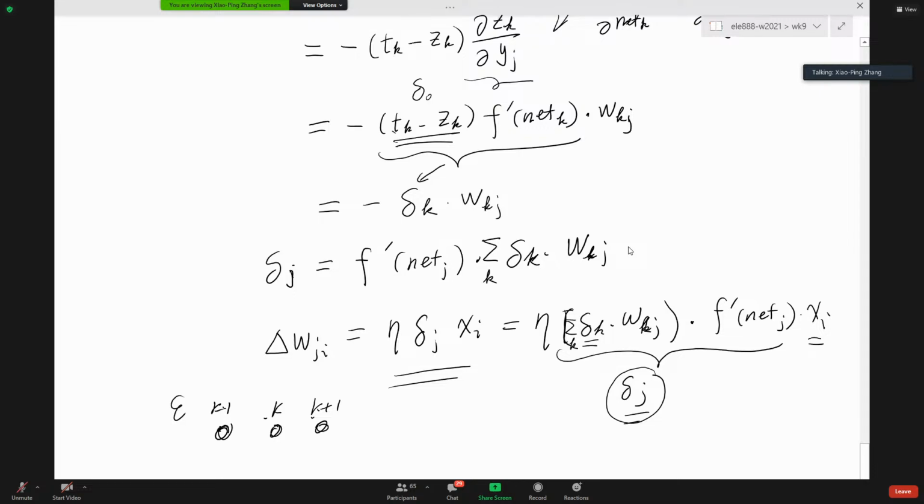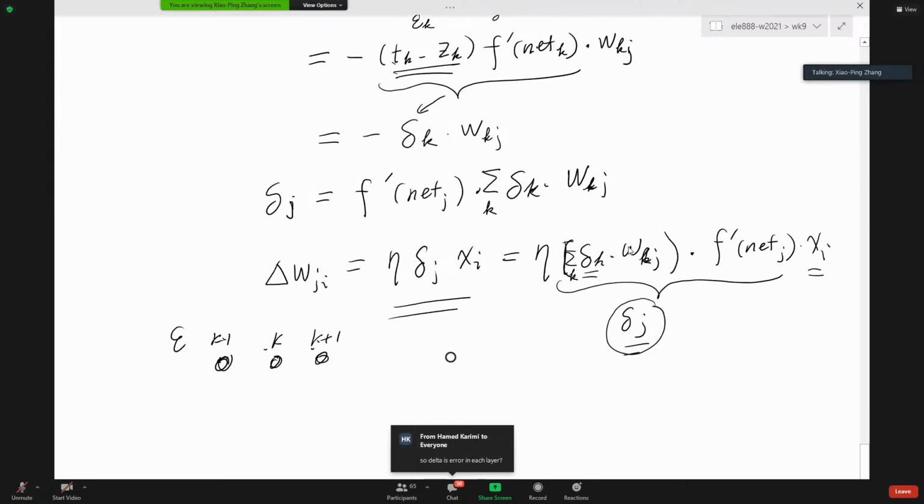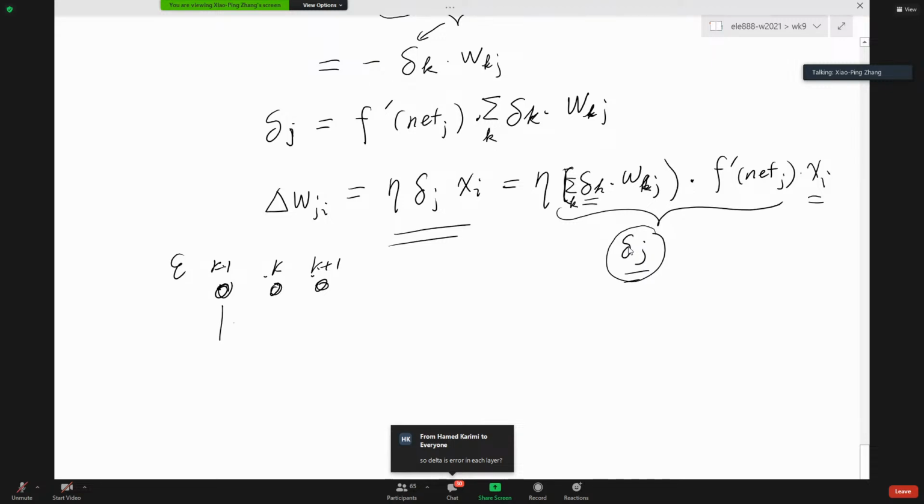This one we call delta 0, or let's call it epsilon, epsilon K, right? And then you back propagate through all things related to this K. This is WKJ, basically, because they are related to YJ.